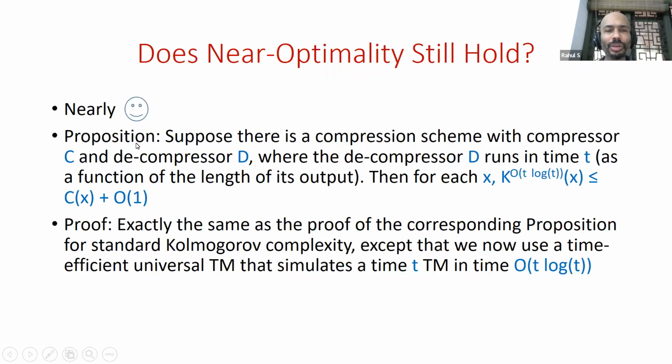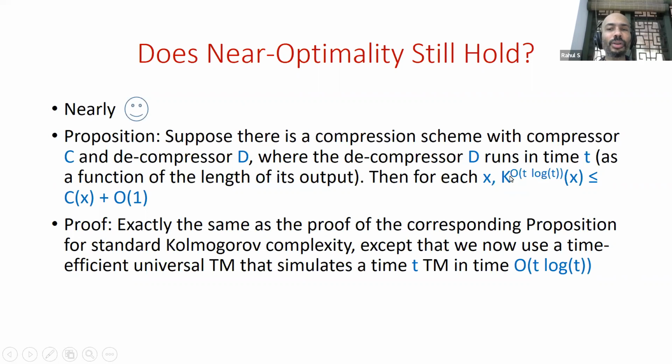So what do I mean? There's a proposition: suppose we have a compression scheme with a compressor C and a decompressor D, and we consider the class of compression schemes where the decompressor D runs in time little t as a function of the length of its output. Then if you consider K superscript order of t log t, so slightly more time, this is going to be at least as good as any compression scheme where the decompressor runs in time little t.